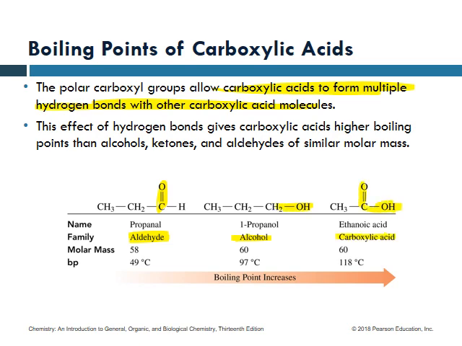So when we talk about their boiling point, which group is the least polar out of these? Carbonyl. So aldehyde will have the lowest melting or boiling point, then it would be alcohols, then the highest boiling point would be carboxylic acid, because it will make twice the amount of hydrogen bonds because it has both carbonyl and hydroxyl group. So you can see right here, this is a 3 carbon aldehyde, 3 carbon alcohol, 3 carbon or 2 carbon carboxylic acid. So if you're comparing those, the acid will always have the highest boiling point.